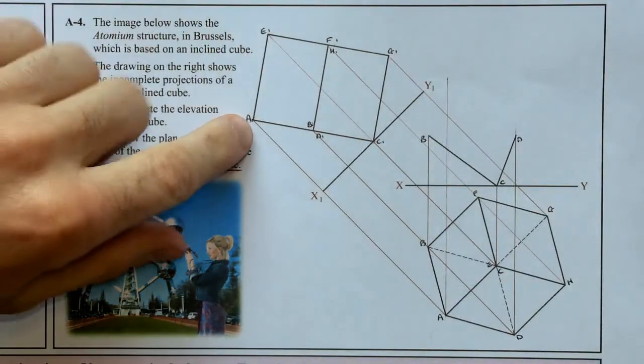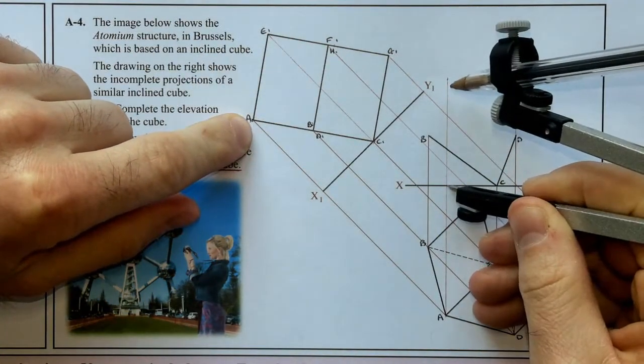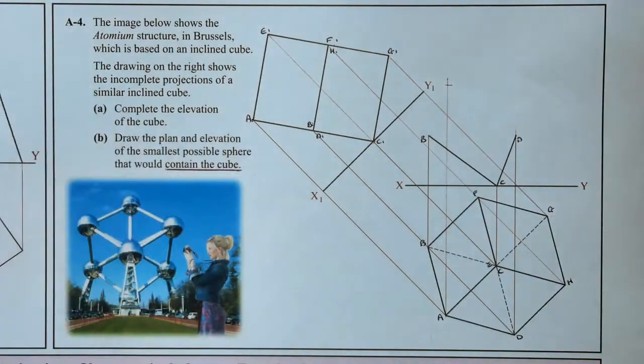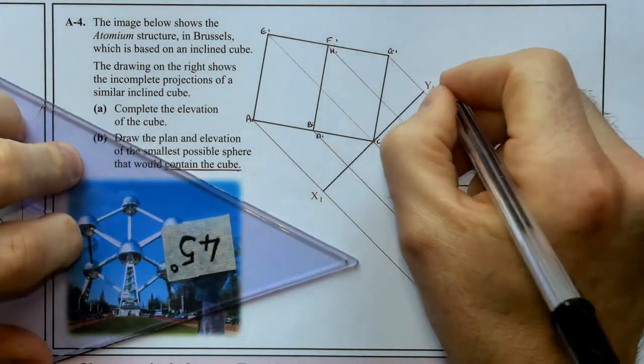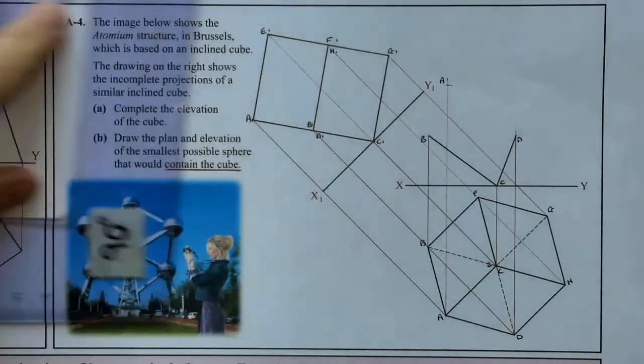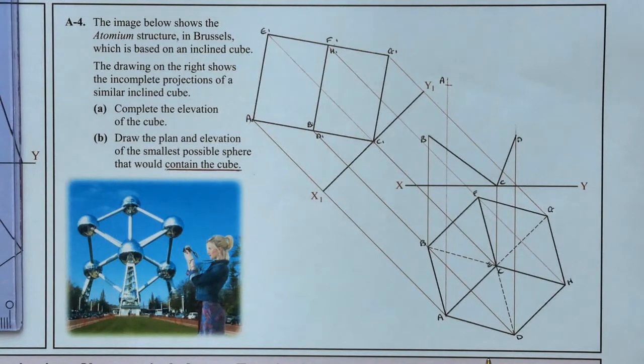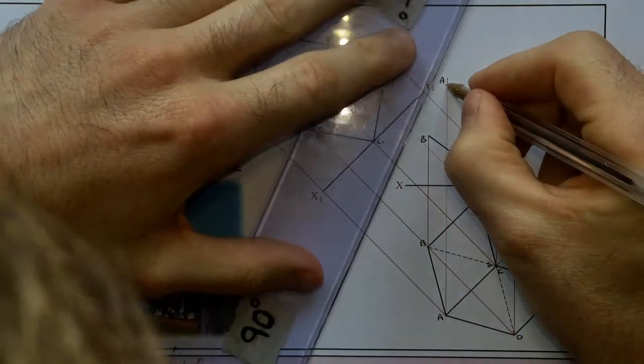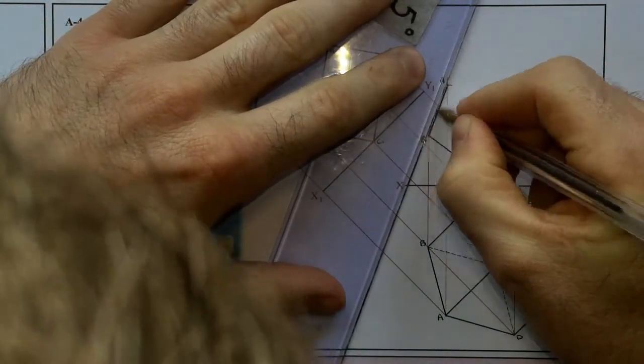So take that height, mark it up, and that there will give me A. And I know when I'm looking in this direction, because it's tilted, I am going to see the face A, B, C and D. So I can heavy in all of that. Imagine that would be parallel.